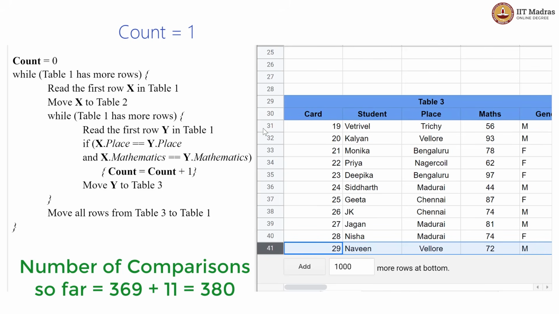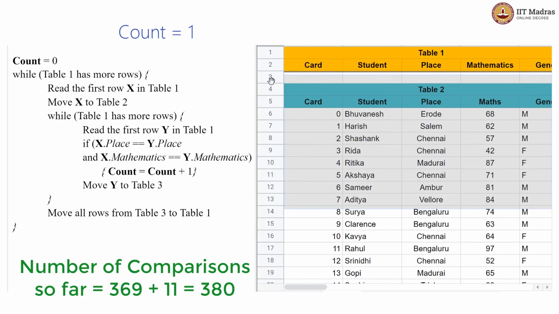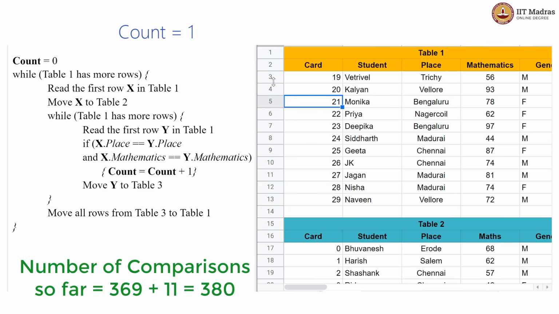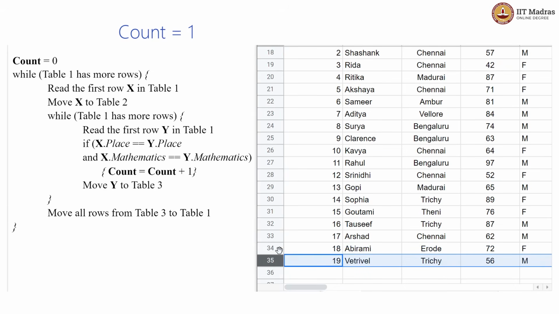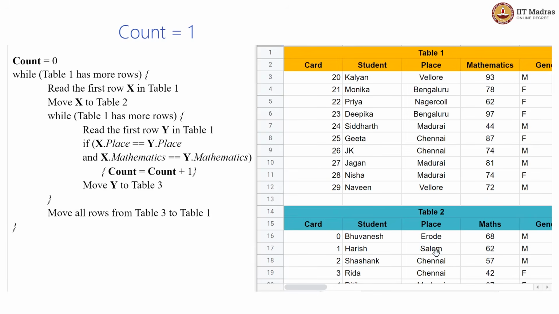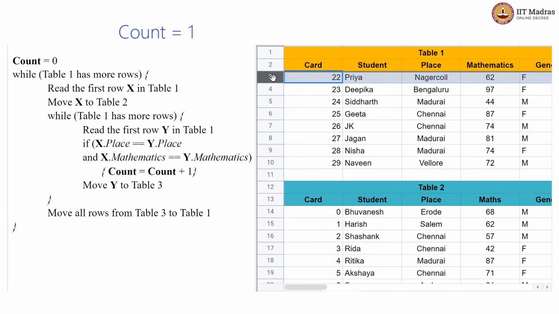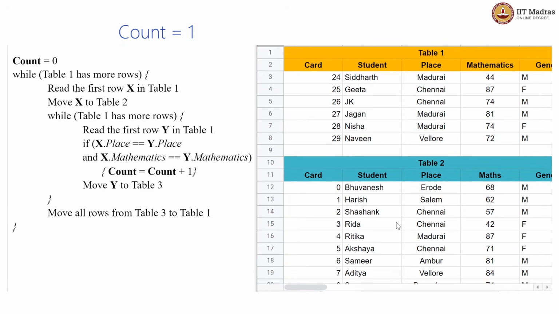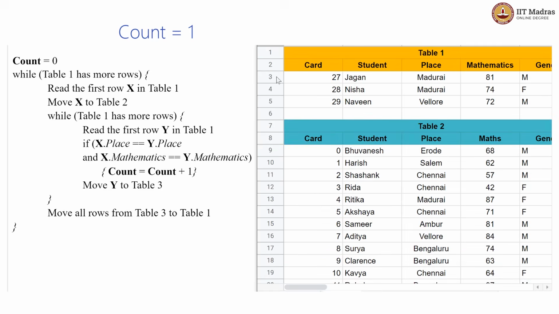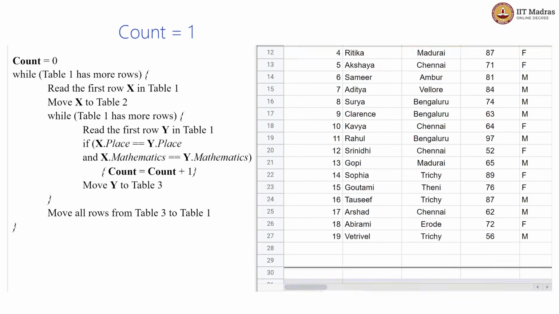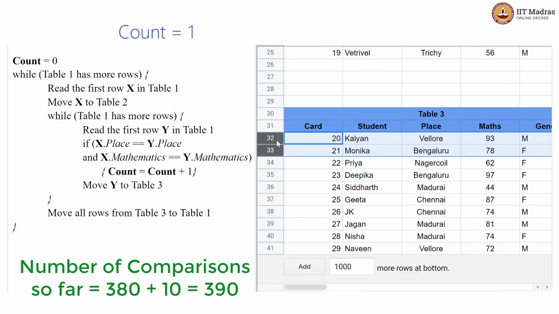Table 1 is empty again. These rows go up. This is row X now, which is Trichy 56. Table 1 is empty.